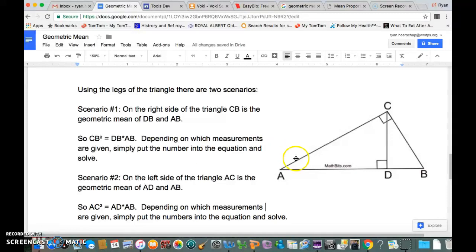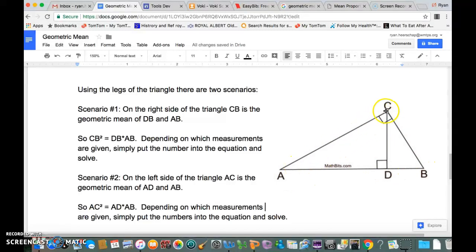For scenario 2, we can use the same idea that we did with CB with this leg of the triangle, and now apply it to the other side of the triangle for CA or AC. So this leg, we're just going to use a reference from the other side, is the geometric mean of the segment of the hypotenuse next to that leg or adjacent, which is AD, times the whole hypotenuse length, which is AB.